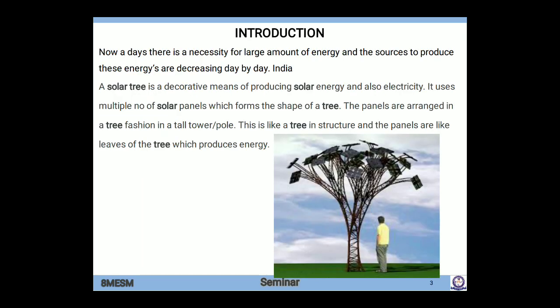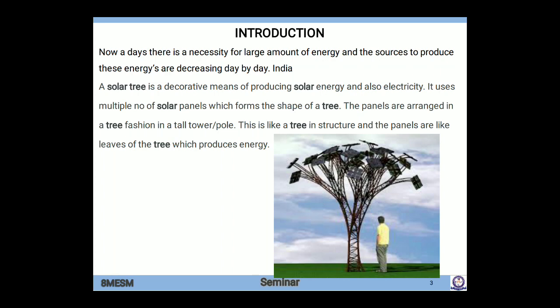Introduction. As you all know, the solar tree is a very important way of consuming sunlight with the help of solar panels. Nowadays there is a necessity for a large amount of energy, and the sources to produce this energy are decreasing day by day in India. The energy is reduced day by day because the population increases. A solar tree is a decorative means of producing solar energy and also electricity.